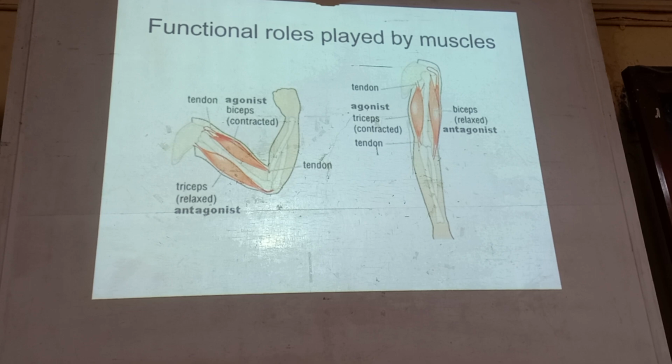So biceps cannot contract. Only brachialis contracts. Are you getting the point? Biceps has a double role, flexion and supination. If biceps were to help in lifting a glass filled with water and your forearm supinates, water will spill out.